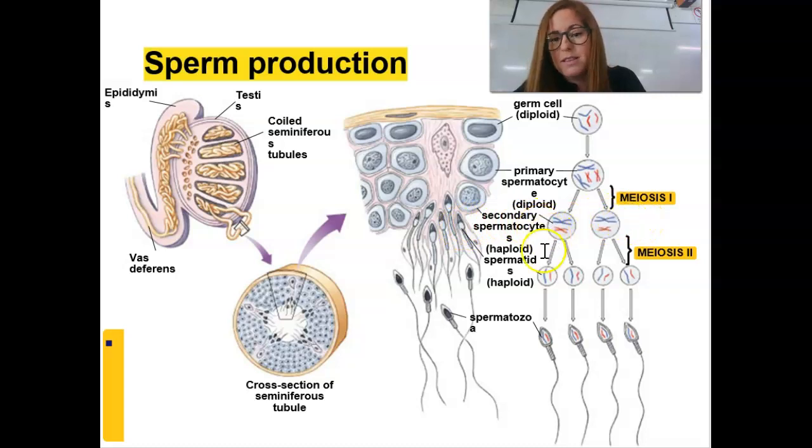Those secondary spermatocytes go through meiosis 2 to produce spermatozoa. These spermatozoa go on to the epididymis, which is next to the testes here, and they will mature and become mature sperm. This process is happening throughout a male's lifetime after puberty; they're constantly producing sperm throughout their life after they start in puberty.